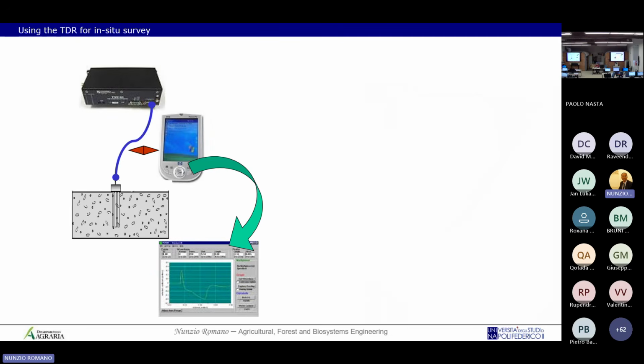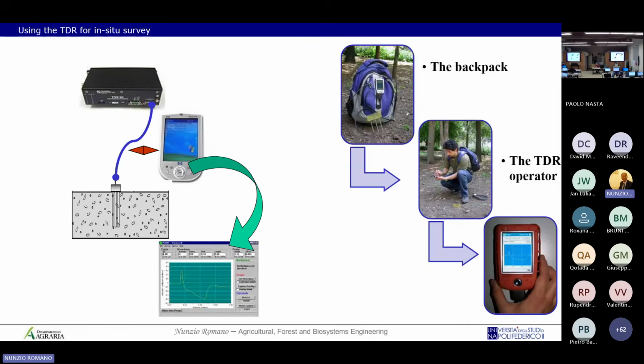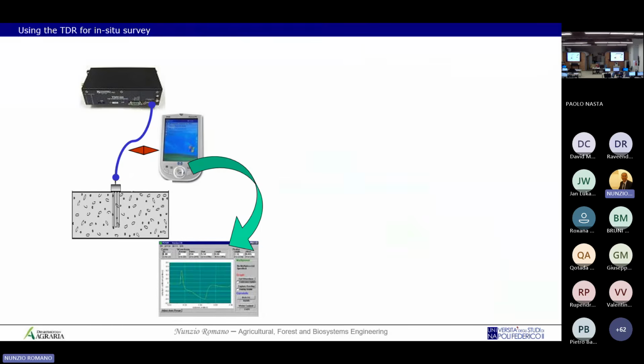Using the TDR in the field, you can see how important it is for us to use the TDR 100, but this is without the screen, but we need to look at the wave. The waveform is very important. Why? Because only the pattern of the waveform gives us an idea if we are doing a good measurement.